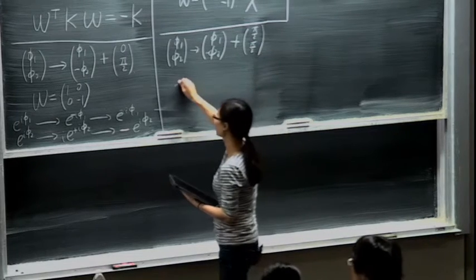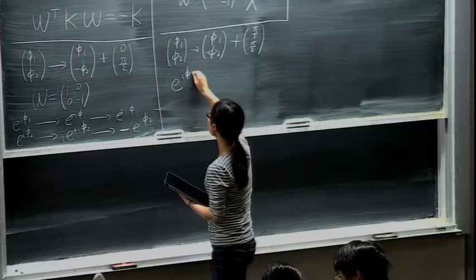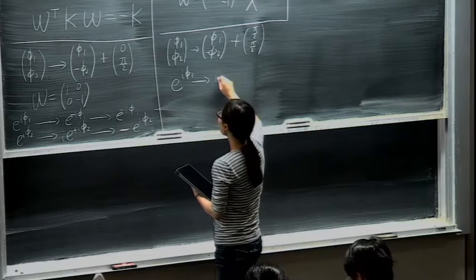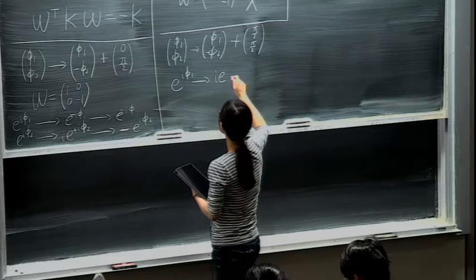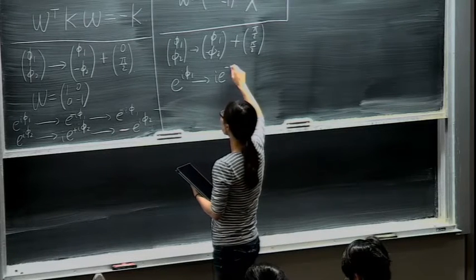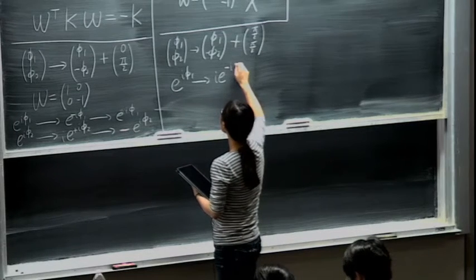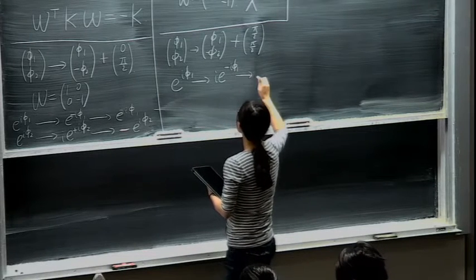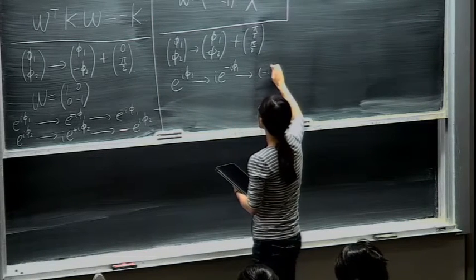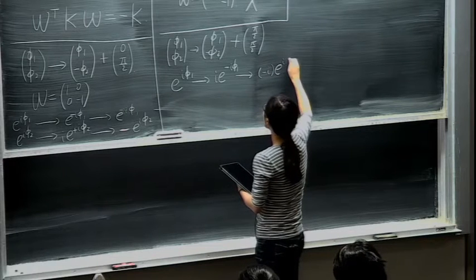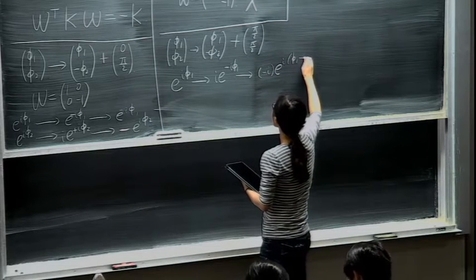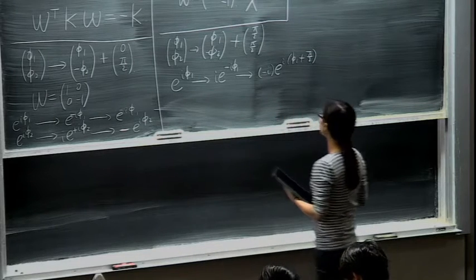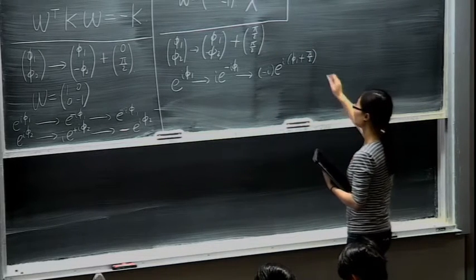Okay. So e to the I phi 1 goes to, let's see, I e to the minus I phi 1, which goes to minus I e to the I phi 1 plus pi over 2, right?